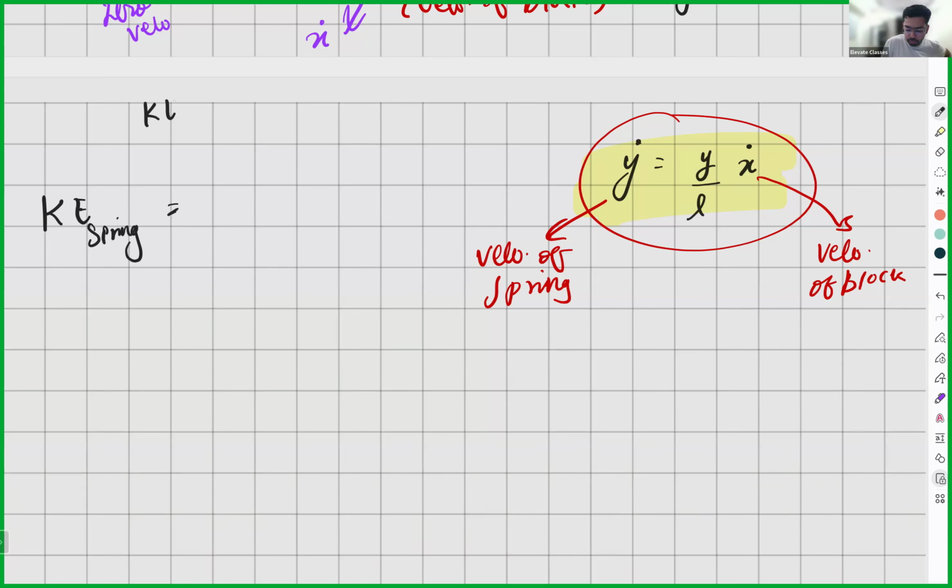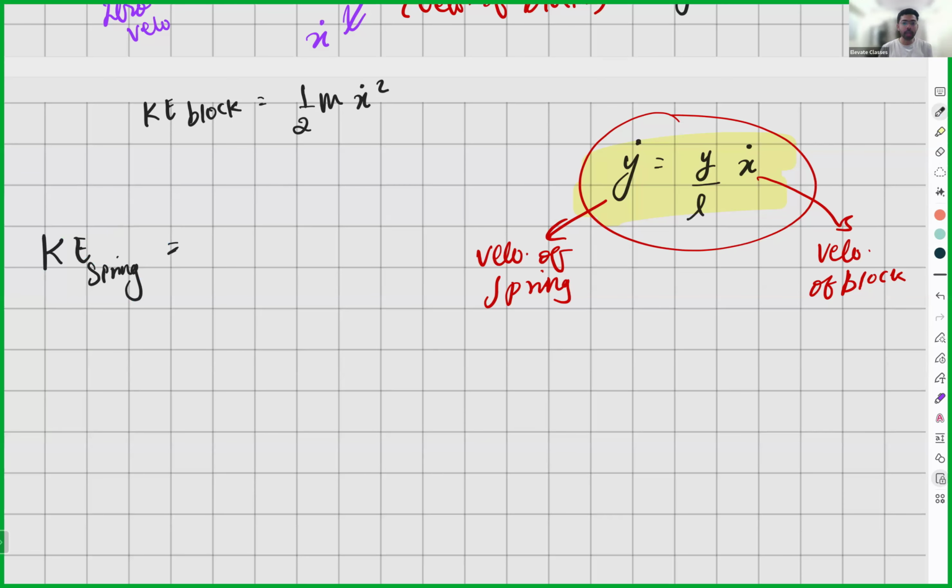The kinetic energy of the block, of course, will be half m x dot square, right? Now I have to calculate the kinetic energy of the spring. So I'll have to integrate the kinetic energy of the small element dm of the spring, because every part has a different velocity.